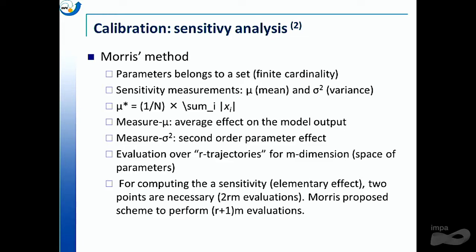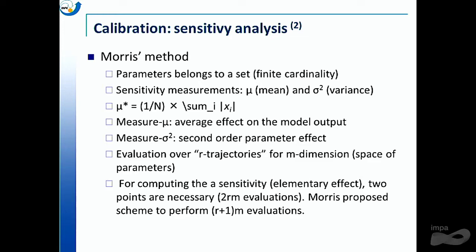Okay, and so this matrix represents the average effect on the model output, and the variance is the second order parameter effect. This is representing the non-linearity associated to the parameters or coupling between different parameters, and we are going to compute this using R trajectories for m-dimensional. This dimension here is related to the space of parameters.